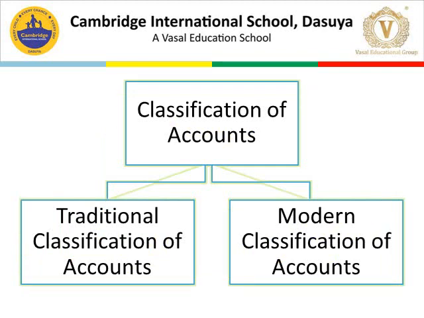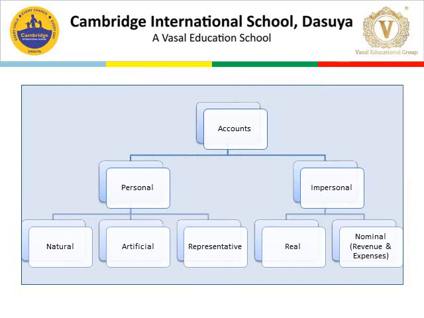Here is the classification of accounts. Accounts are classified into traditional concept and modern concept, or we can say traditional approach and modern approach. Here we are going to do traditional approach. According to the traditional approach, accounts are divided into two parts: personal account and impersonal account. Here the personal account is further divided into three types of persons.